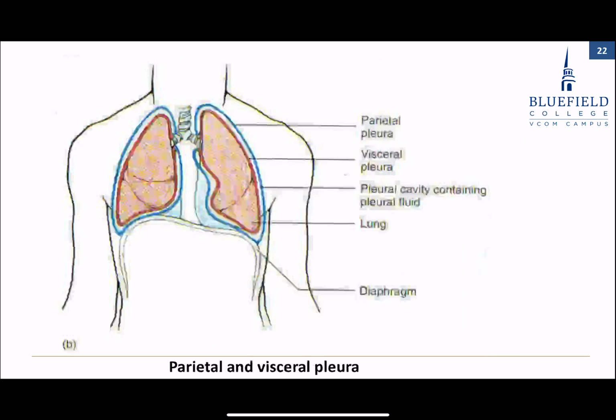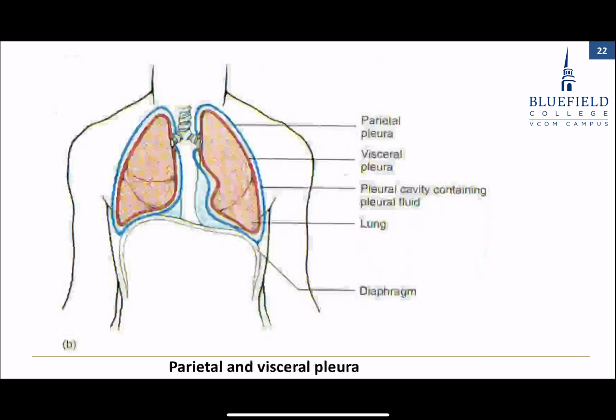If we follow it right here, it comes up, and where it hits the primary bronchus, it turns and reflects back out and becomes the parietal pleura that lines the thoracic cavity. They are continuous there. They're just given different names, whether they're on the lung or on the thoracic cavity, because it reflects back up right there, takes a U-turn, and switches from red to blue, right there, and so they're continuous.